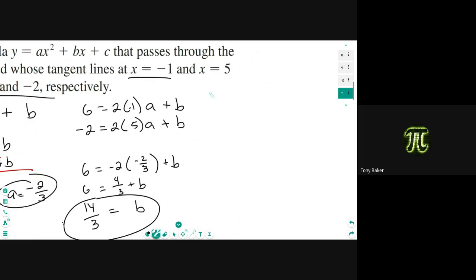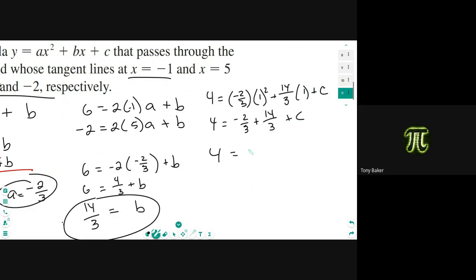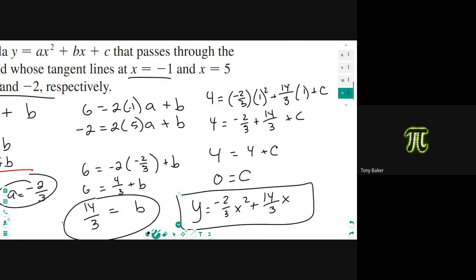So we have 4 equals negative 2/3 times 1 squared plus 14/3 times 1 plus c. 4 minus 4 is 0. Yeah. Because we're adding, so we get rid of it by subtracting.